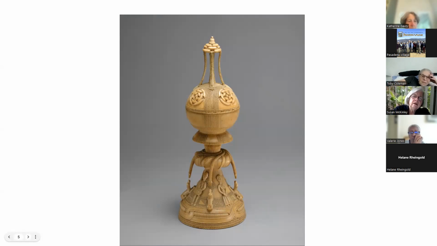And what is it made of? What's the most precious thing they have? Well, I'm guessing it's ivory. It is ivory. And if it's made for export, then I guess it's for some European religious thing. This was sent to Portugal.